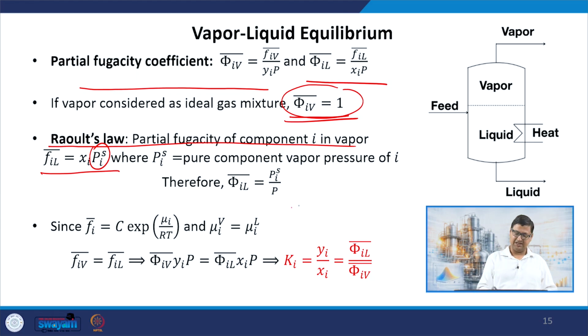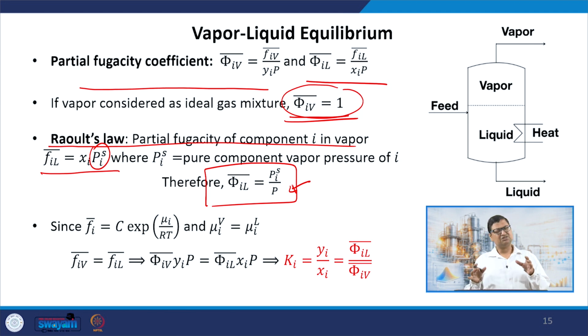And if I use this relation, I can get the partial fugacity coefficient as something like PiS by P, right? So, if I use this language, it somewhat complicates our earlier language in terms of chemical potential, but it is more standard in chemical engineering.